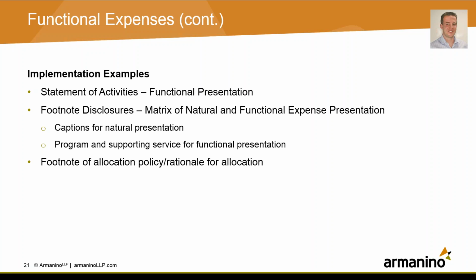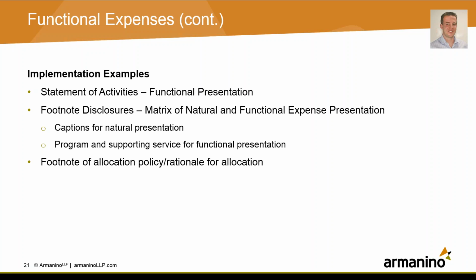So there are a number of different reporting options available to do so. We'll walk through some of them and kind of our preferred look at how we would present this. So statement of activities, our recommendation is to do a functional presentation. When Jeff was talking earlier, you'll hear in a number of our slides, we like to keep the face of the financials pretty clear, concise, free of a lot of clutter.